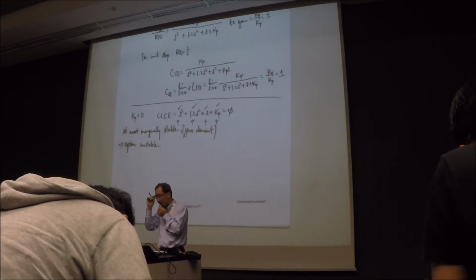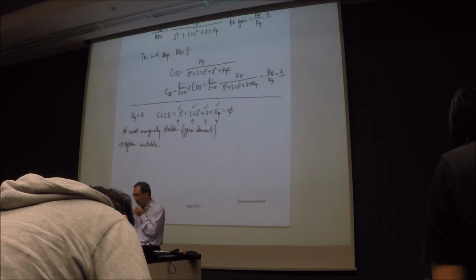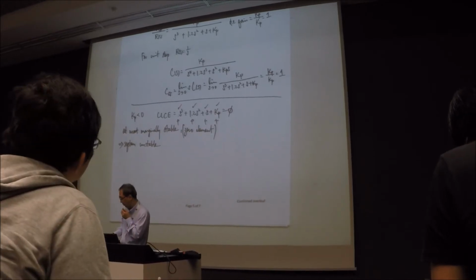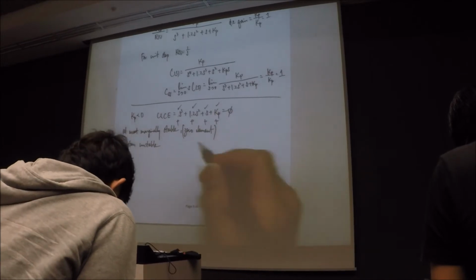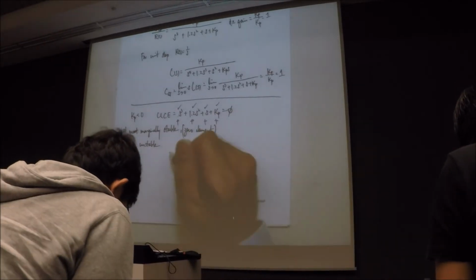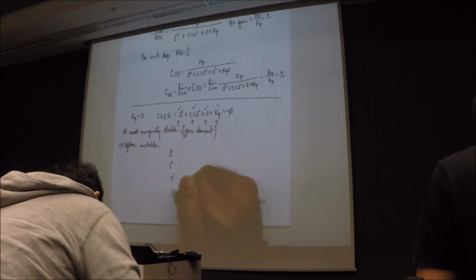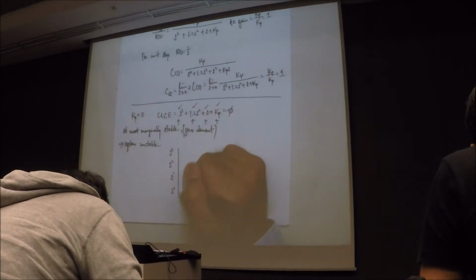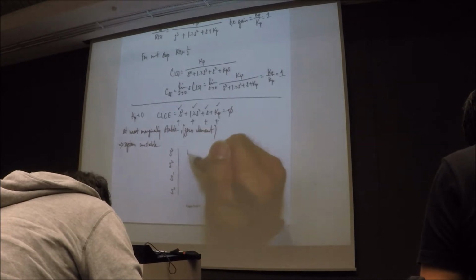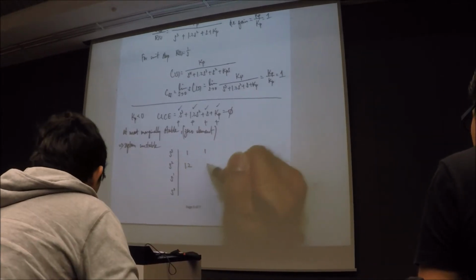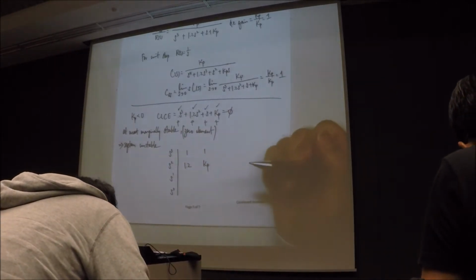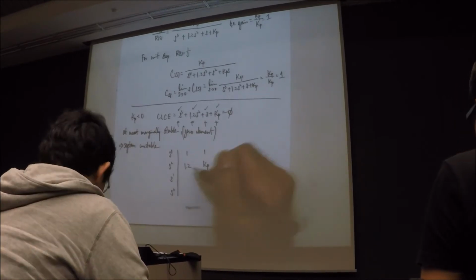Then they ask you to investigate Kp equal to 1 and Kp equal to 1.5. I'll leave it to you to practice, because I believe you can do it better than me. In this case, what is the pivoting element?